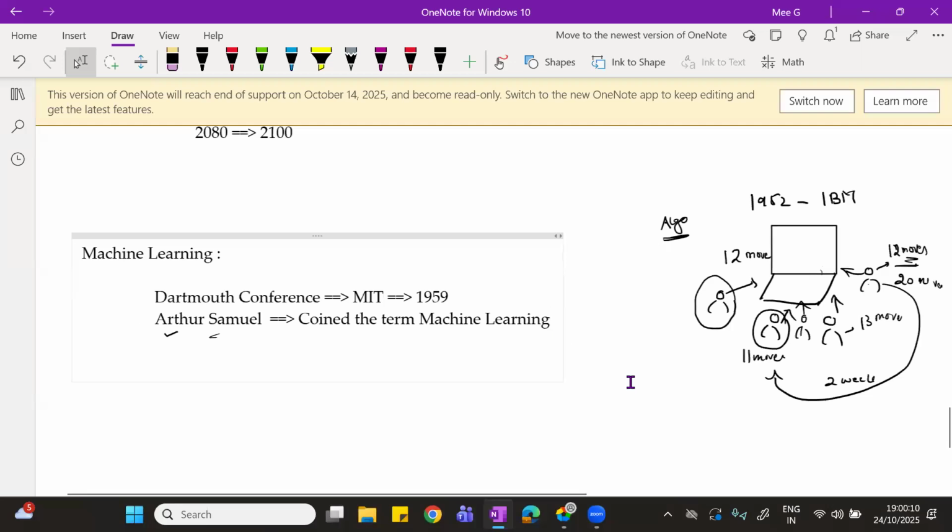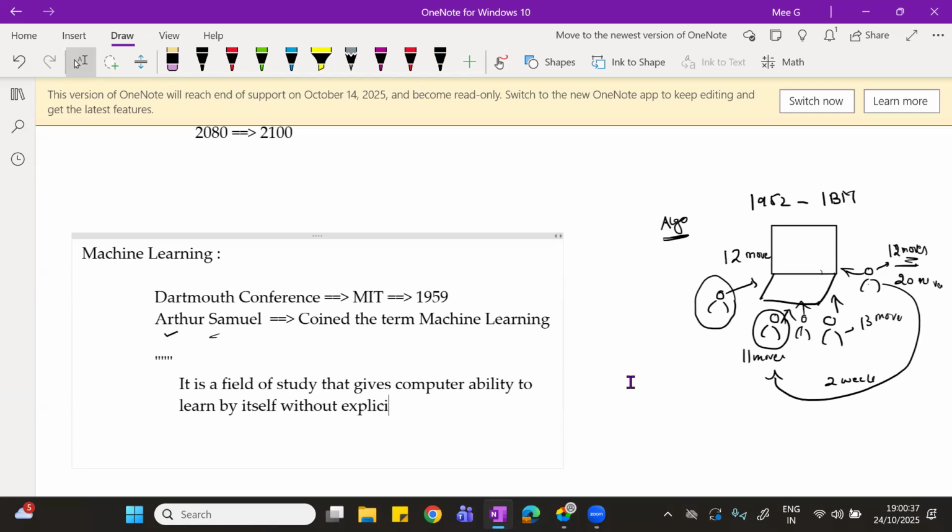Now, according to the actual definition of this gentleman, author Samuel, it is a field of study that gives computers the ability to learn by itself without being explicitly programmed.